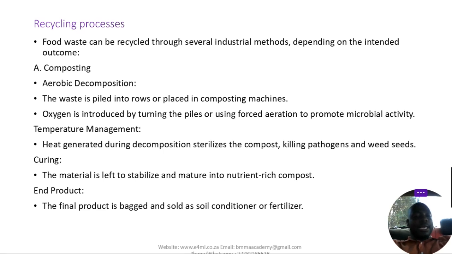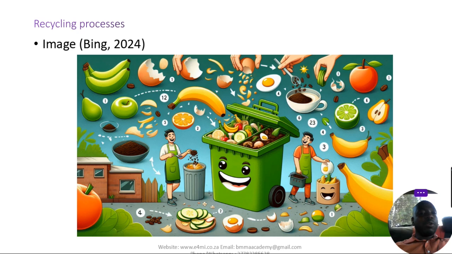The end product is then bagged and sold as soil conditioner or fertilizer. So the leftover food that you can pick from restaurants, you can take it home and decompose it and then sell it to vegetable farmers, so that they can grow healthy vegetables using the compost.